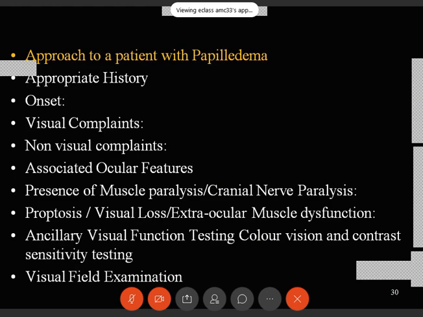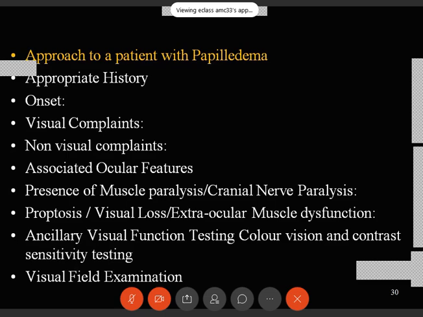How do we approach a patient with papilledema? Papilledema is an emergency. If you do not diagnose papilledema, the patient goes blind. If you detect it early and the intracranial tension is decreased, you can save the eye. Otherwise the patient can go into optic atrophy and become blind. It is also a bilateral condition.